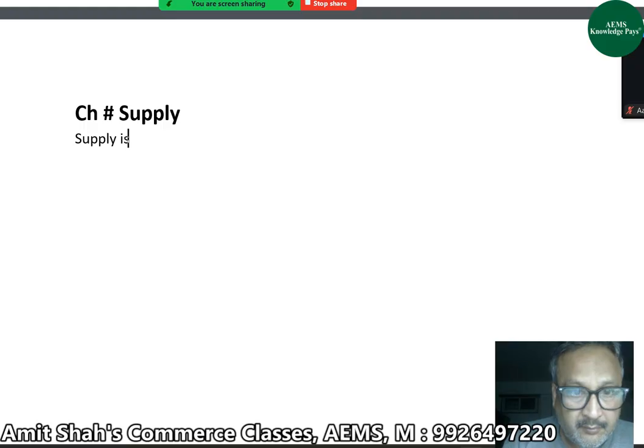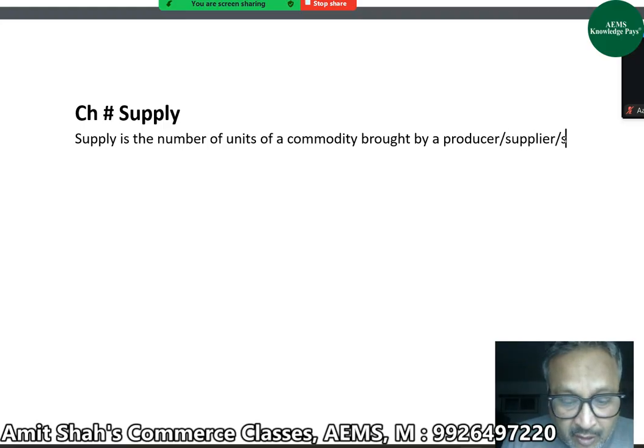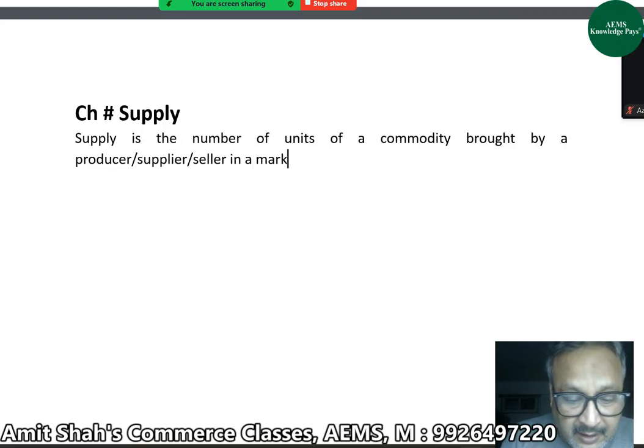Supply means the number of units of a commodity brought by a producer or a supplier or seller in the market for sale.